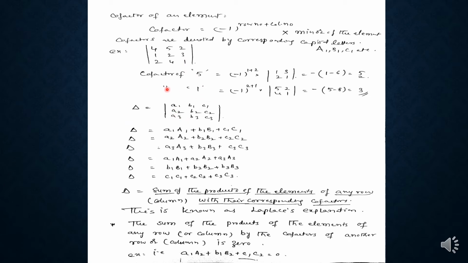Similarly, we can represent the determinant value as delta. Delta is nothing but the determinant of the given matrix. Delta is equal to A1 B1 C1, A2 B2 C2, A3 B3 C3. Delta can be calculated by taking any row. By expanding by the first row, we can write A1 into its cofactor A1, plus B1 into its cofactor B1, plus C1 into its cofactor C1.